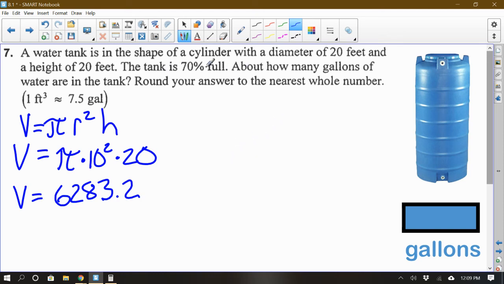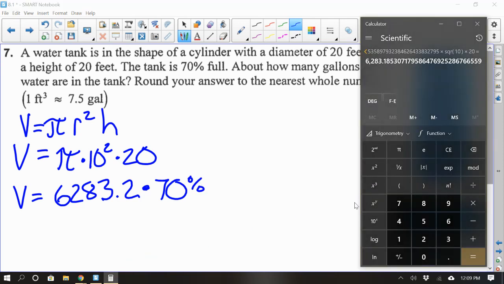Okay, but oh wait, the tank is only 70% full. So that number would be if the water tank is completely full. So let's multiply that by 70%. Do I have a percent button here? Okay, I don't see a percent button unless I'm missing it. So what we're going to do is convert 70% into 0.7.